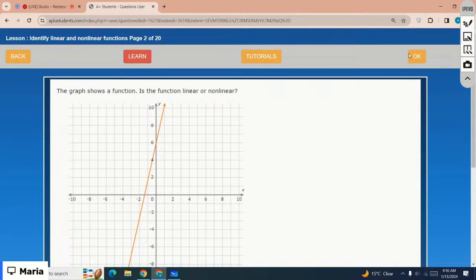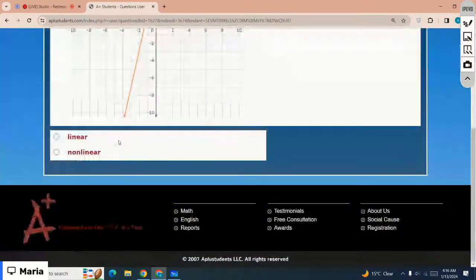Yes, that is a linear function. The function is exactly a straight line, so yes, that would be a linear function.